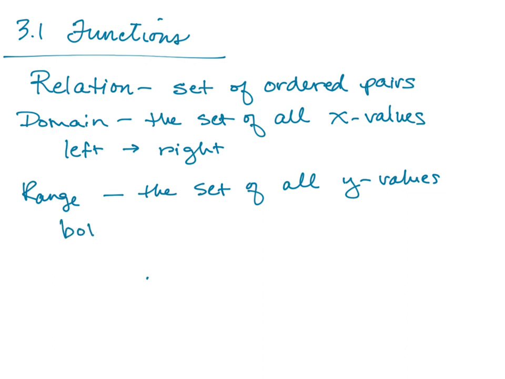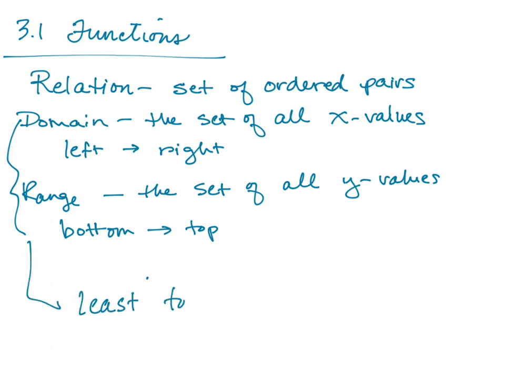Anytime we're measuring domain and range, we always do least to greatest. Always, always, always on these two options, we measure from least to greatest. So we've got the set of all x values, the set of all y values.